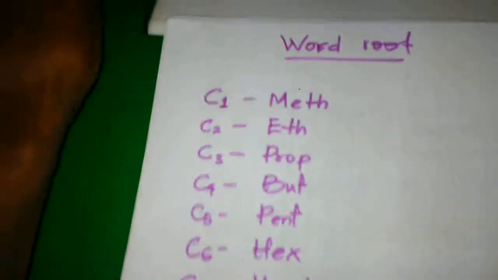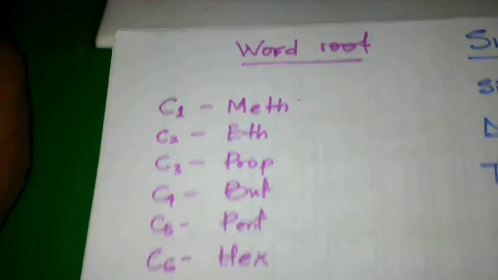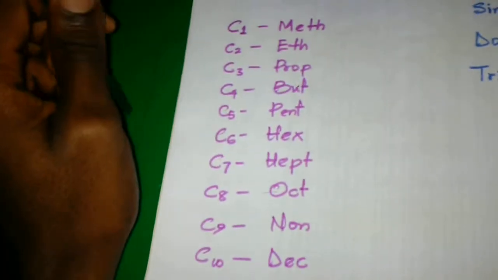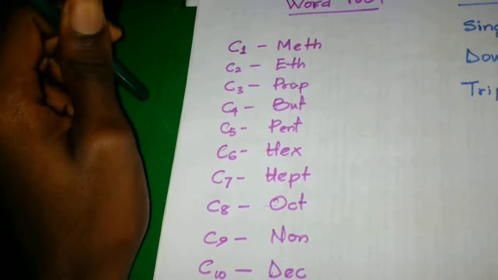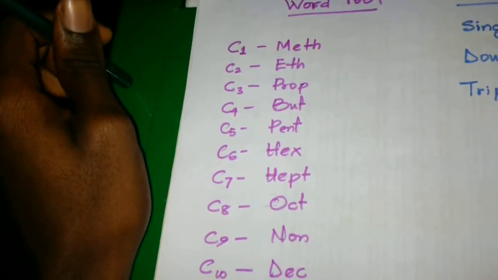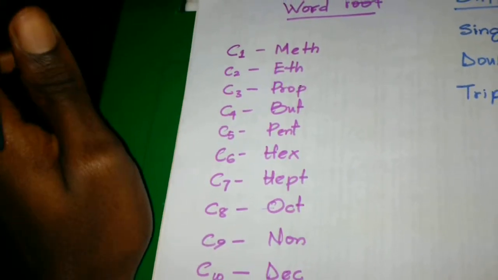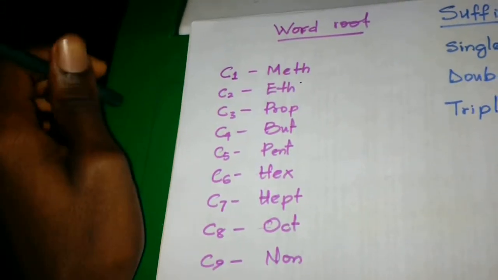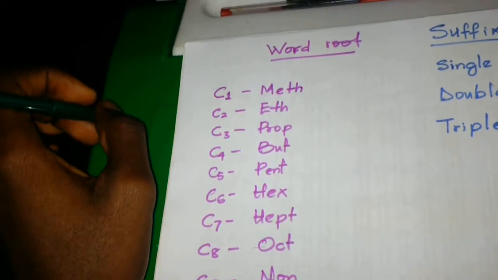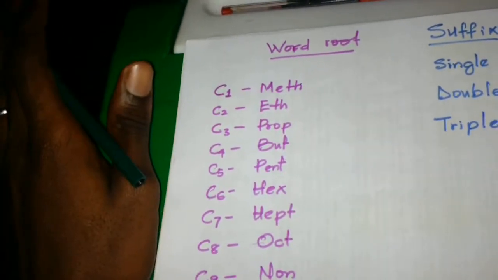Now let's talk about word roots. Basically, the word root tells us the number of carbons in the longest carbon chain, the longest carbon chain that we said we were going to identify in step 1. It must have a total number of carbons.